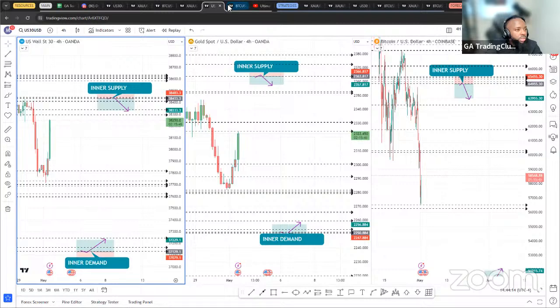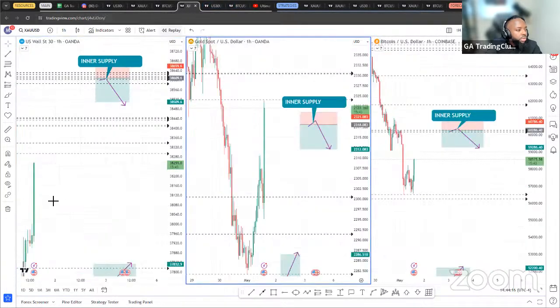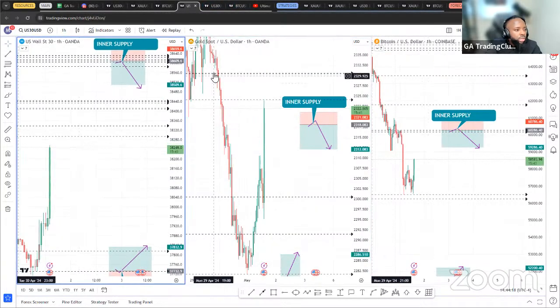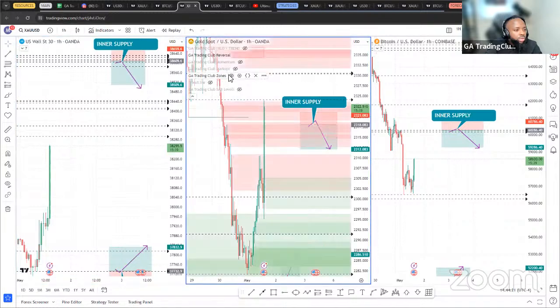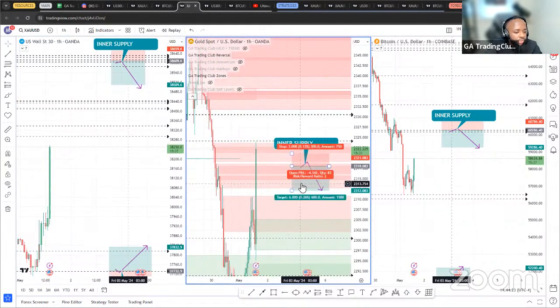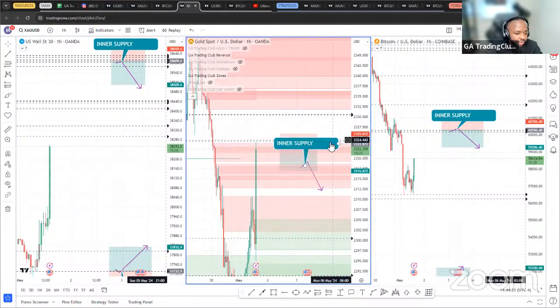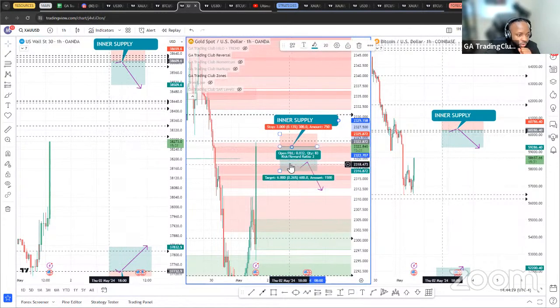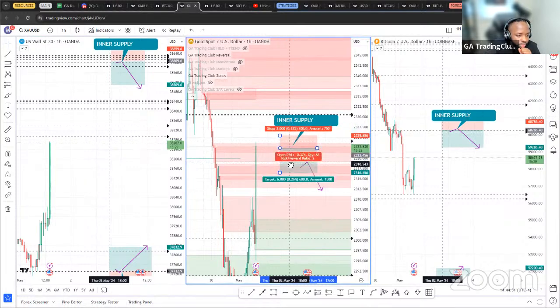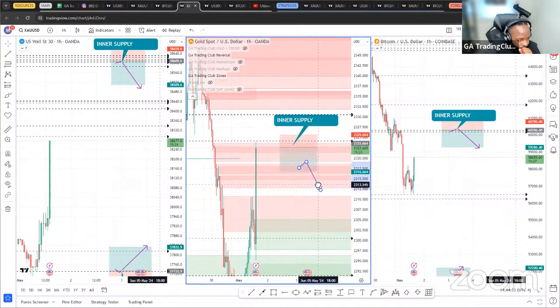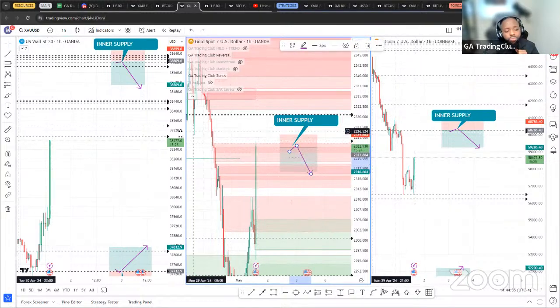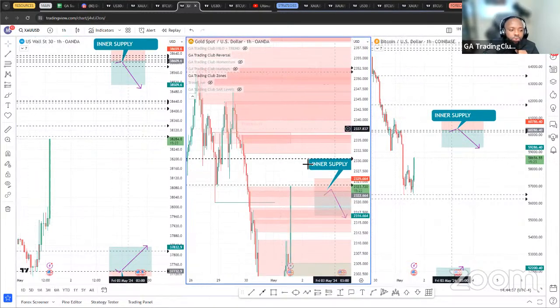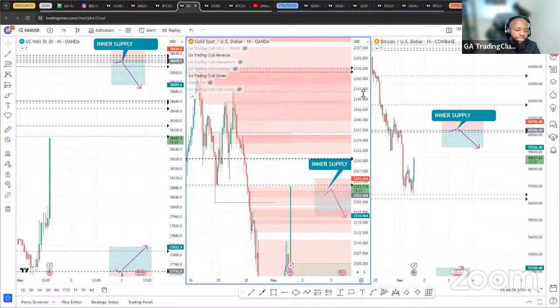Last 30. This is 4-hour gold. So gold is also at an hourly supply, the last hourly supply holding gold down. If gold breaks this hourly and breaks that 15-minute, then gold is going back up to the 23.50 range.